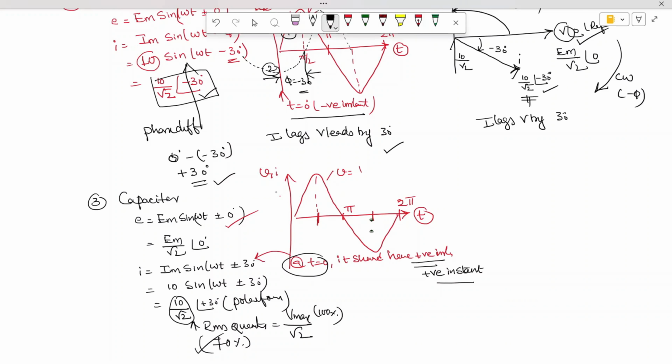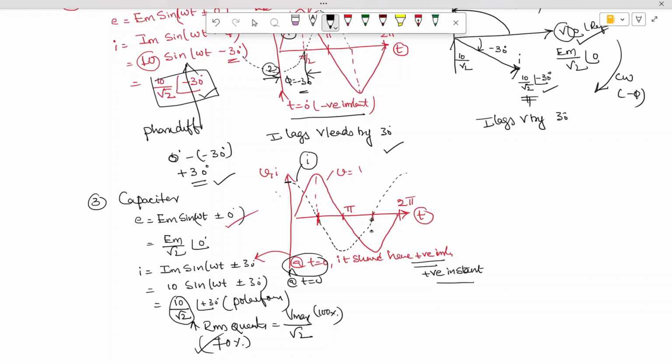So here you can see at t equal to 0, you are having a positive instant. Therefore, this is the waveform of current.